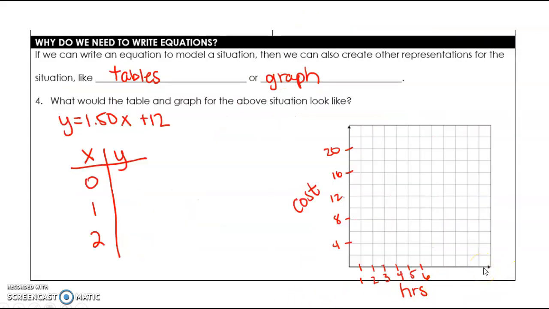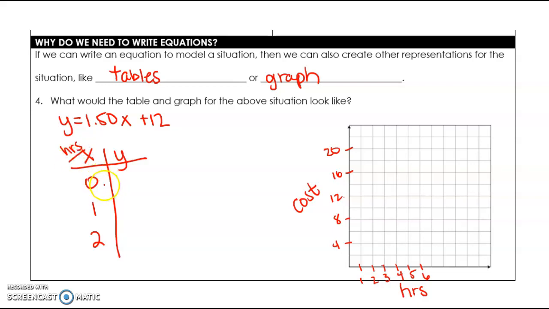So then maybe I want to represent and model this a different way. So I can use tables or graphs to also model this situation. So I have the same situation with the bike, $1.50 per hour plus the $12. Now keep in mind that x was the number of hours that we were renting this bike.